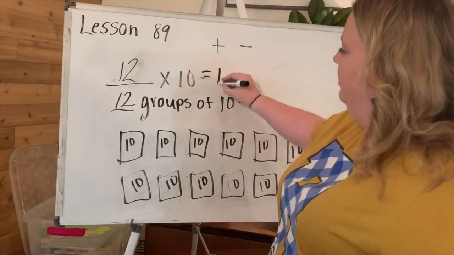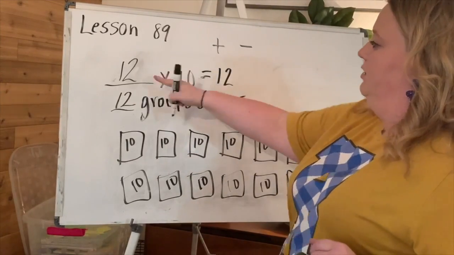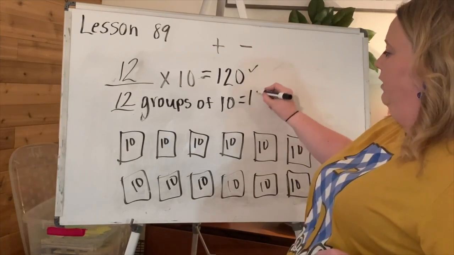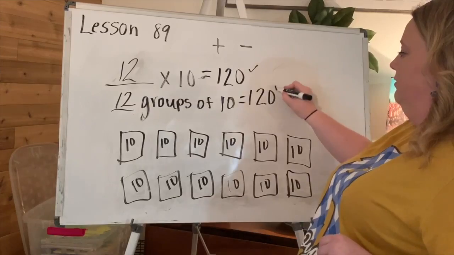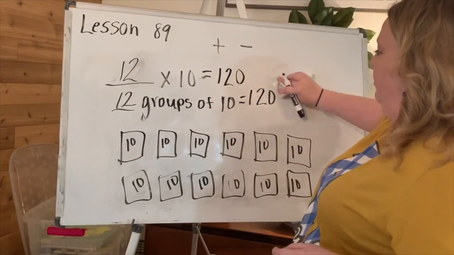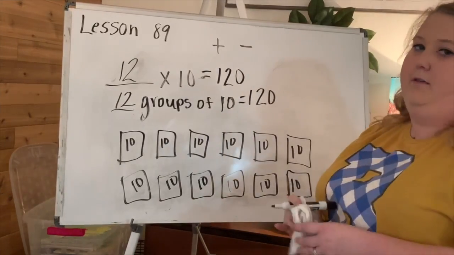Well, let's see if our trick works. Write your 12, add a 0. Looky there. Add a 0. Your trick does work. Always check though. Always double check your math, guys, okay?